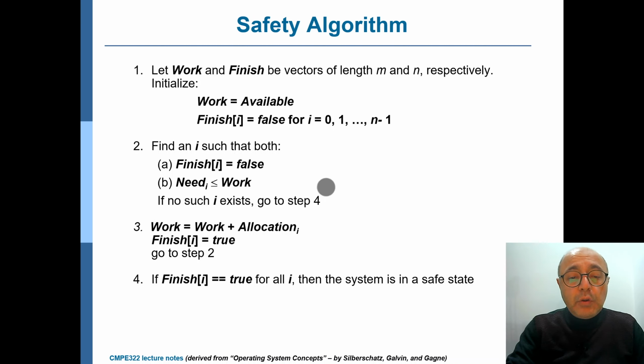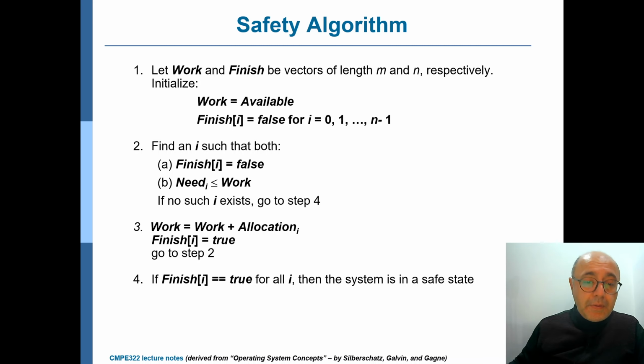So we make a copy of the available vector in a new vector called work. And also we have another vector for each process. We just mark whether that process could be completed or not. So initially, all processes are marked as false in the finish vector. As we proceed, when we find a way to complete that process, we will make it true.